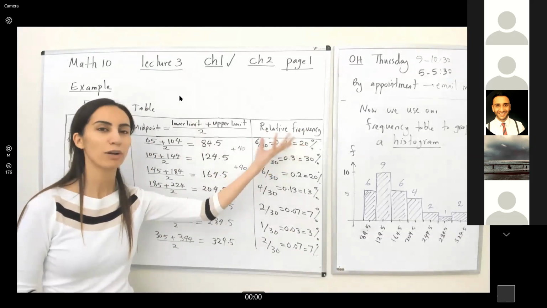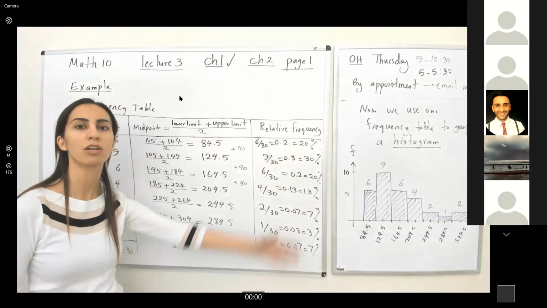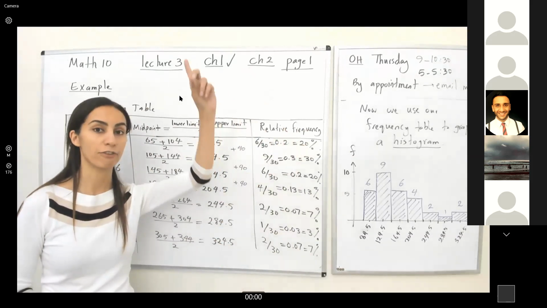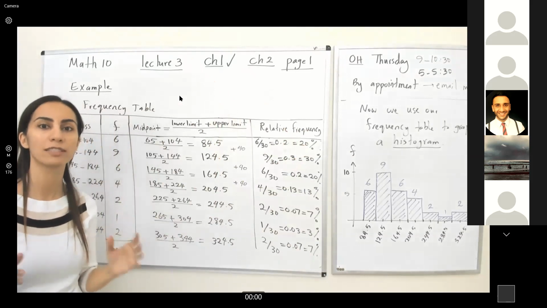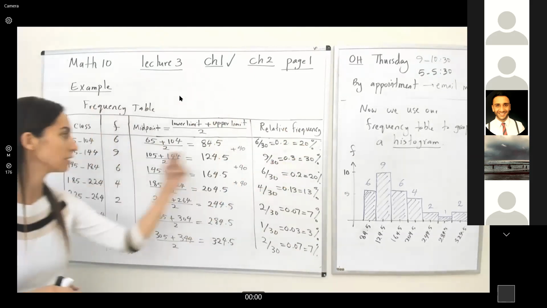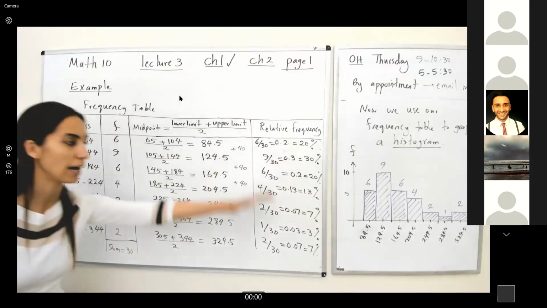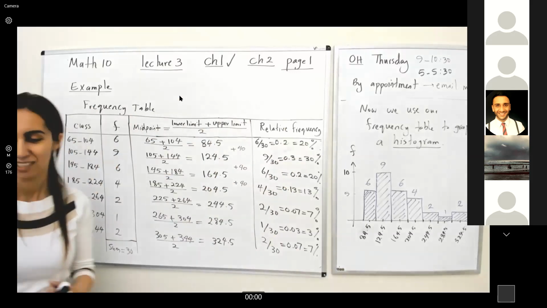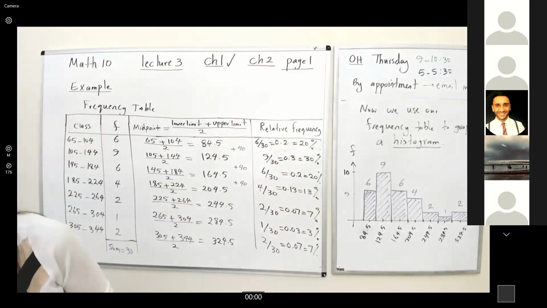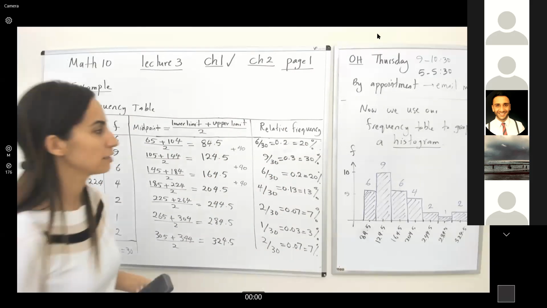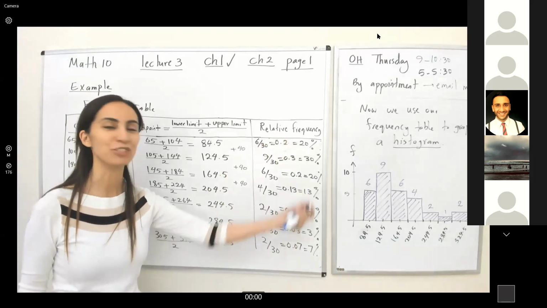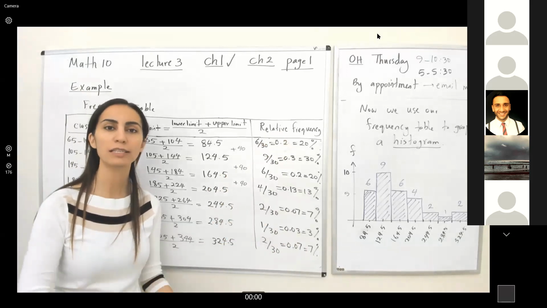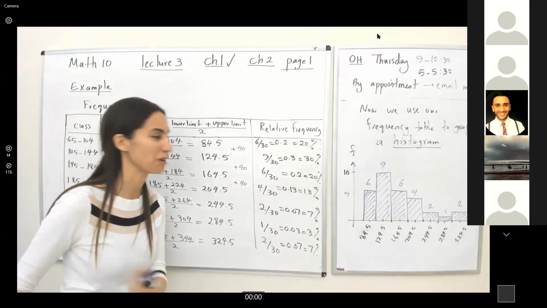So it means that 20% of the collection of your data is in the first class. 30% of the collection of your data is in the second class, and so on. Now that we have a new column, we're going to construct a new graph, and we call it relative frequency histogram.